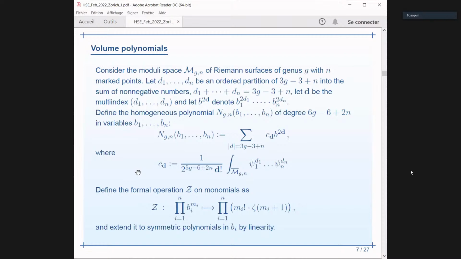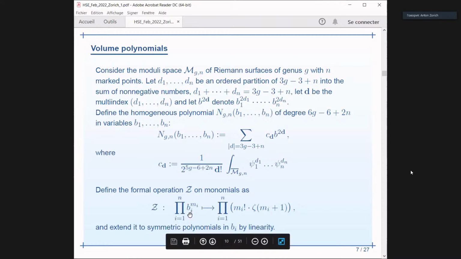numbers. So at some point, I will return from polynomials to numbers, and I will get rid of these monomials in the following way. Instead of having all these monomials in my variables b, to each monomial I will associate the following number.